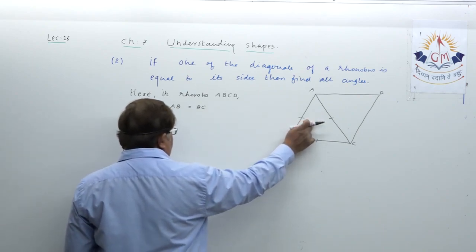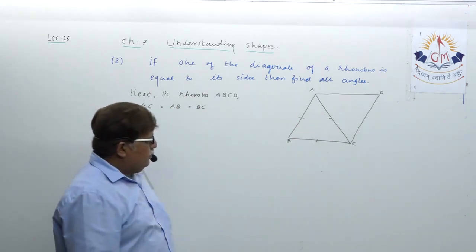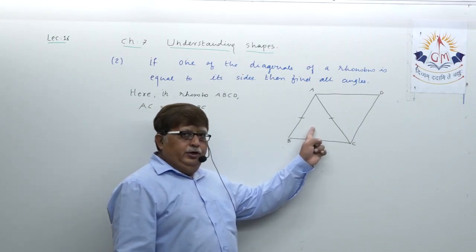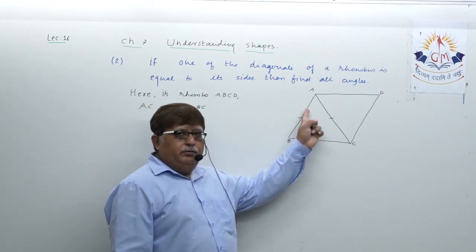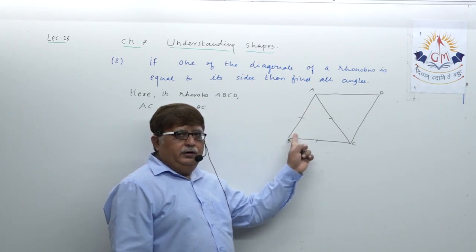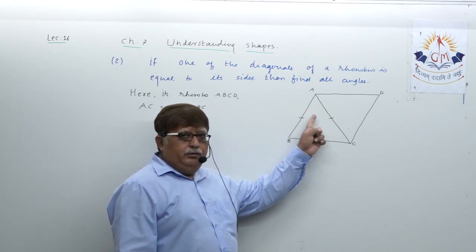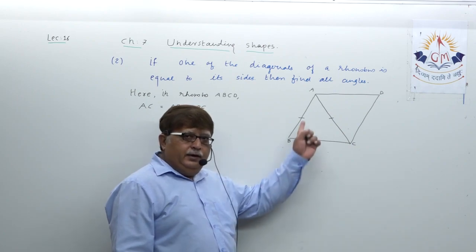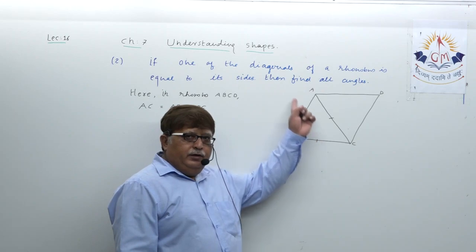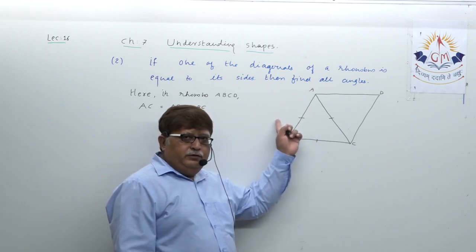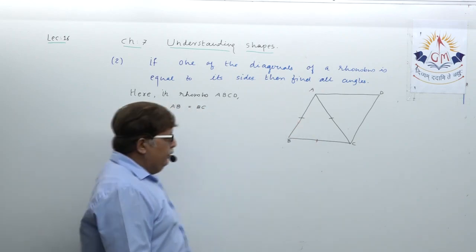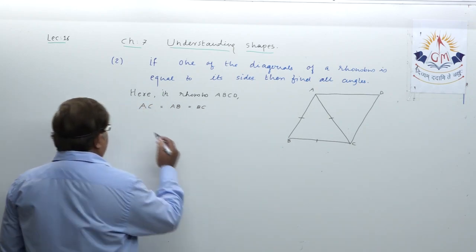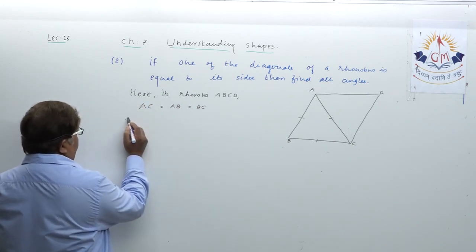If you just think of triangle ABC, all three sides are equal. So it is going to be an equilateral triangle, and hence an equiangular triangle where all angles are equal, meaning 60, 60, 60 degrees.